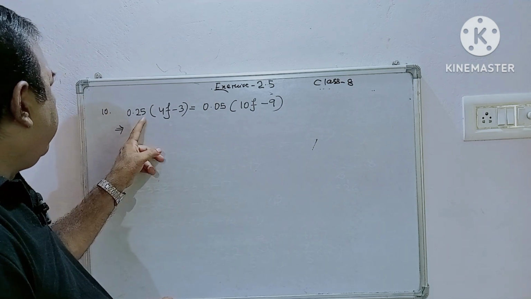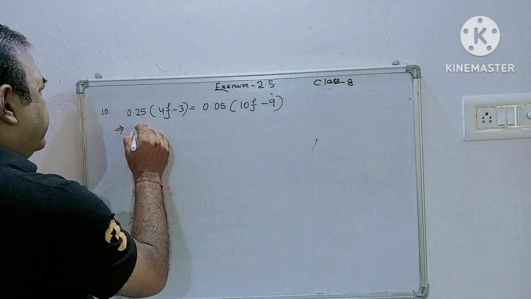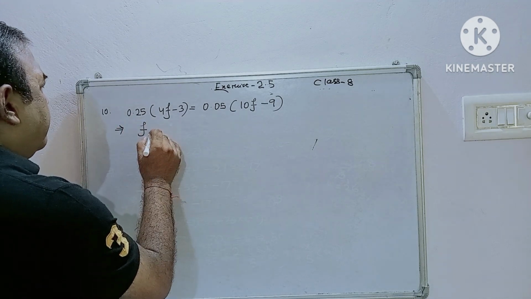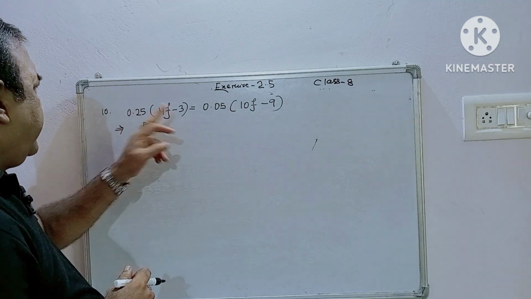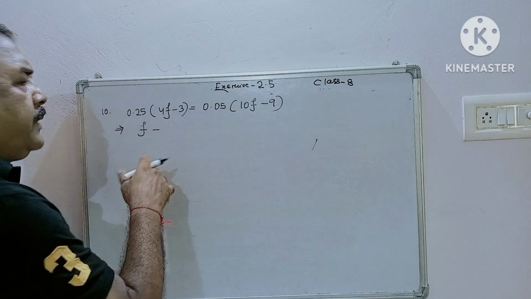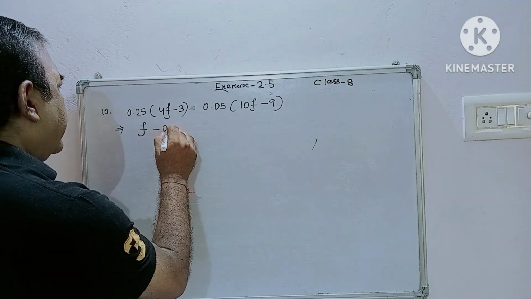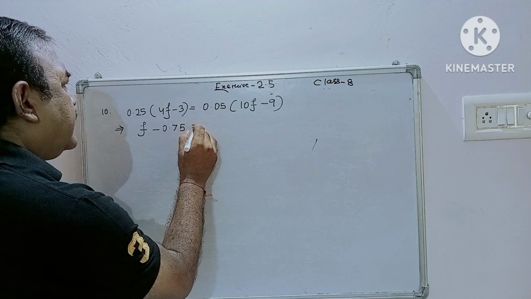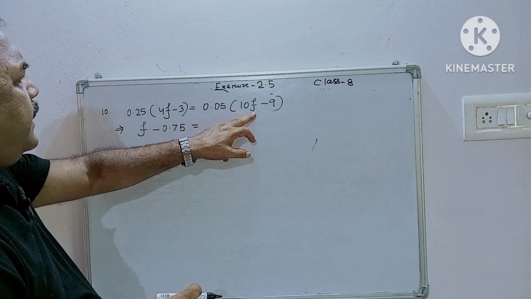So 0.25 into 4, that is 1. So that is f minus 0.25 into 3. 25 threes are 75. So 0.25 into 3, that is 0.75. That is equal to, you see, 0.05 into 10f.